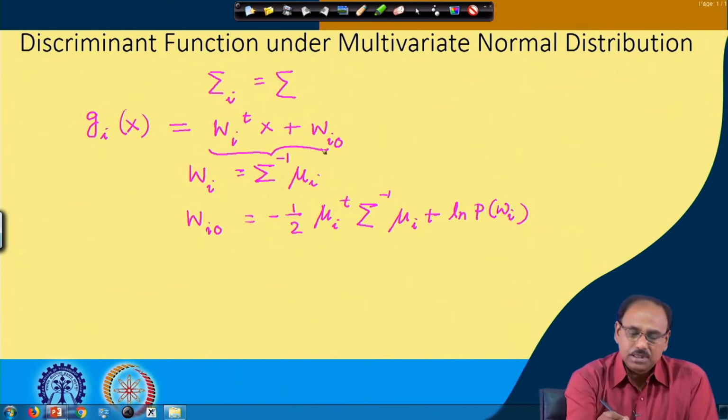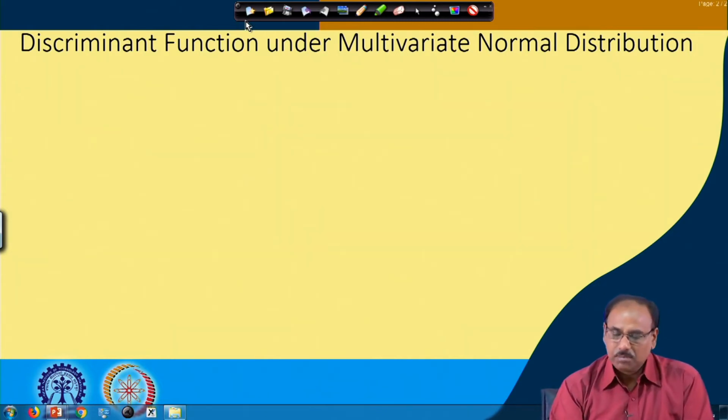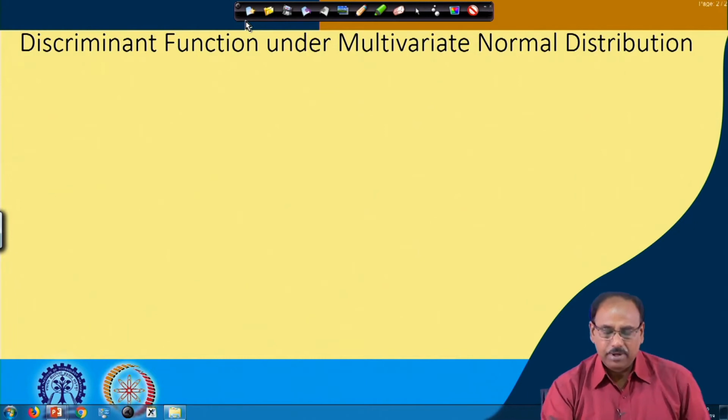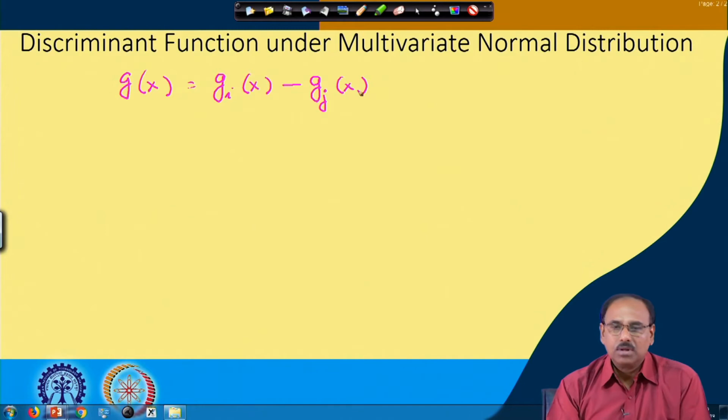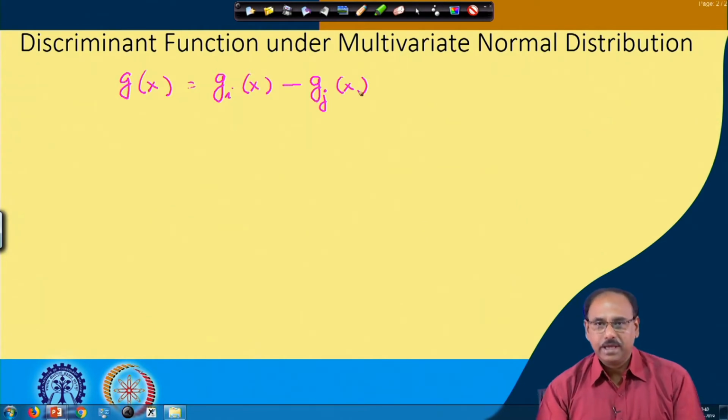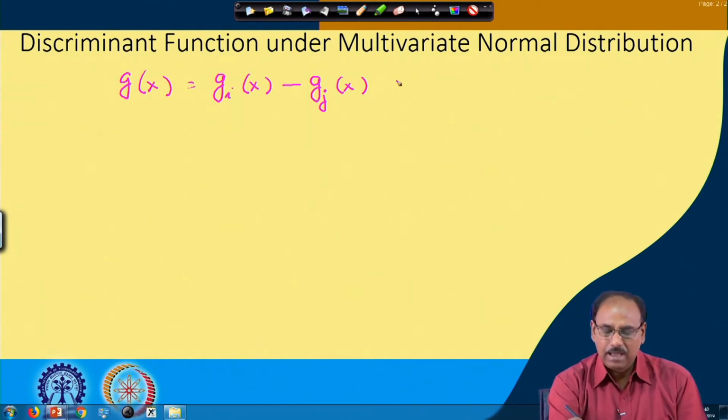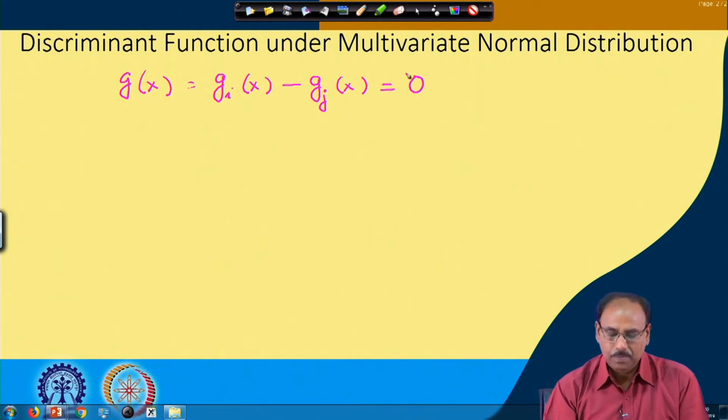What will be the decision boundary? The decision boundary will be given by g x equal to g I x minus g j x, and because on the boundary g I x and g j x are equal, I will have g I x minus g j x equal to 0.